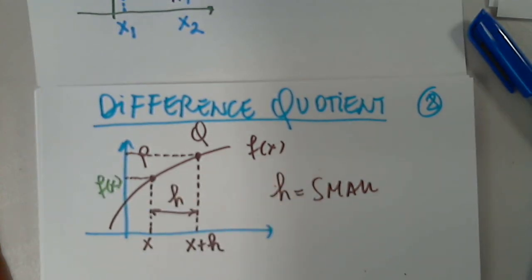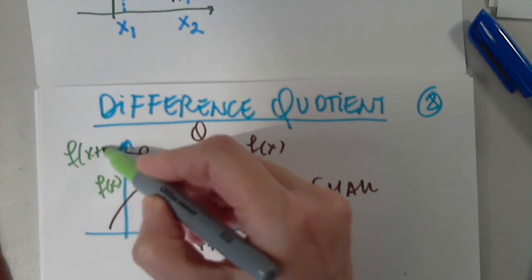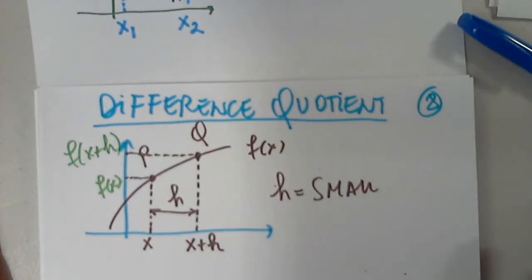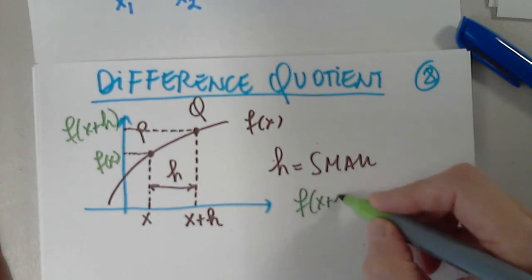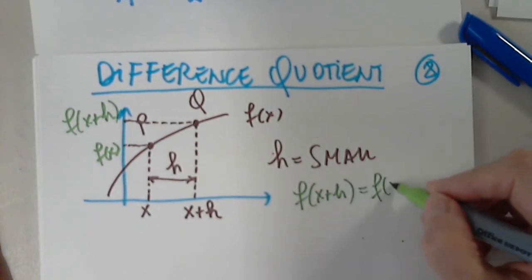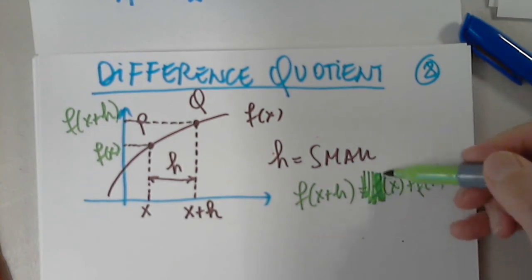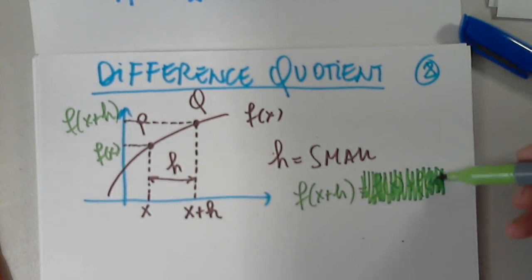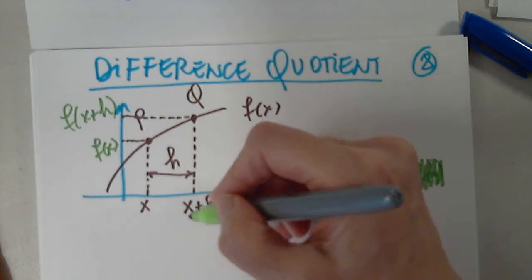Good. And the y coordinate of Q? F of x plus h. Very good. The reason I'm doing this now and early is because I want you to understand that f of x plus h does not mean f of x plus f of h. So please be very careful.